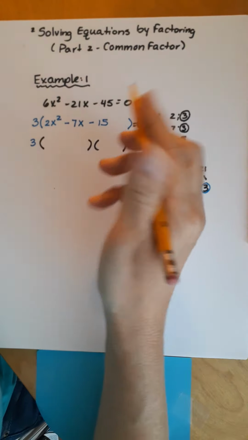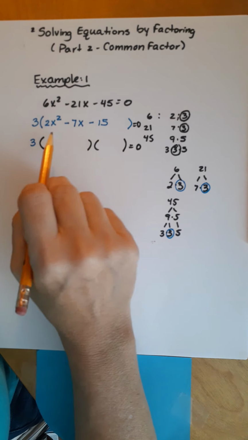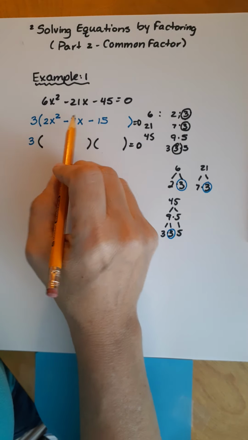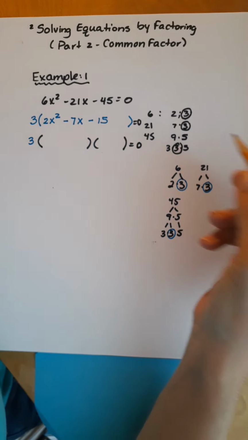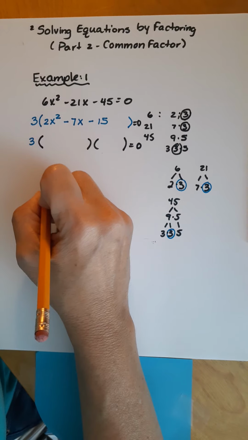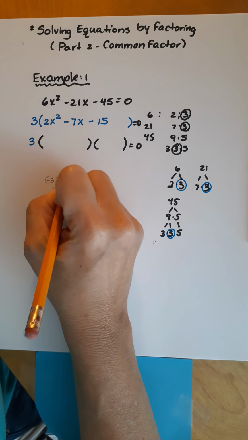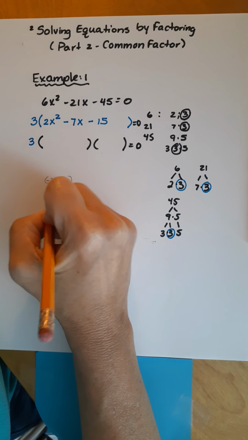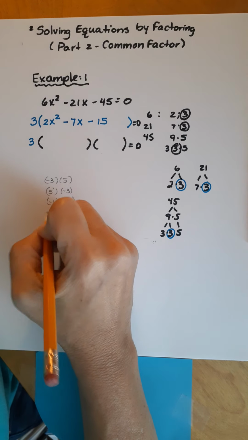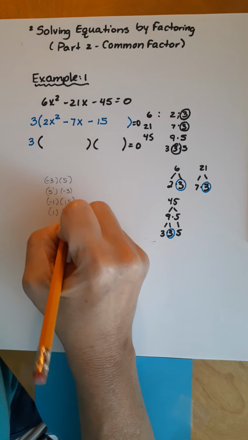Let me see the pencil here, just so we can move around and I can erase. But here's the interesting thing. So we have negative 15, all right? Well, the possible combinations of negative 15 are negative 3 times 5, or 5 times negative 3, or negative 1 times 15, or positive 1 times negative 15.